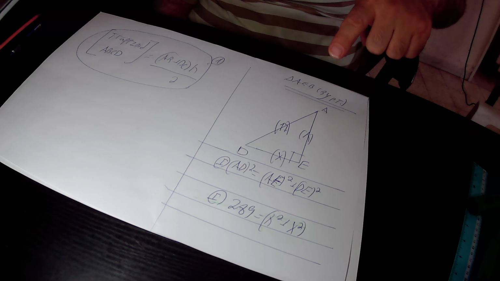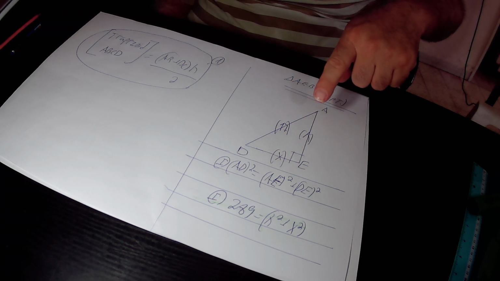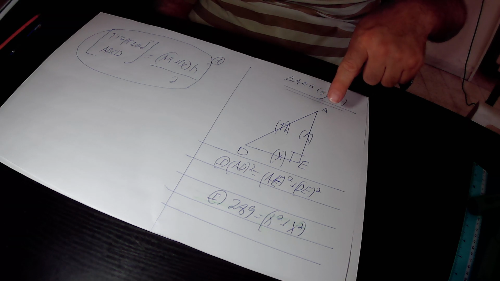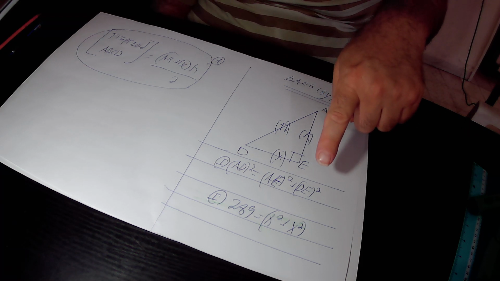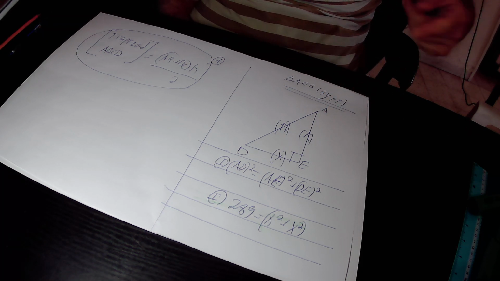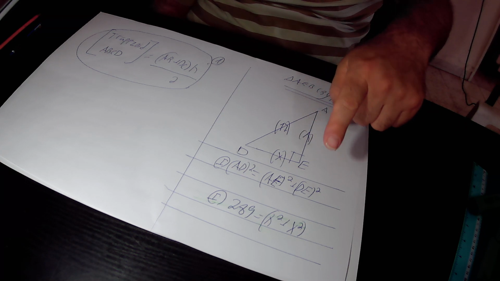AD is 17, therefore AD squared is 17 squared, that is 289, and it is equal to AE squared. AE is 8, therefore AE squared is 8 squared, plus DE squared. DE is X, therefore DE squared is X squared. So in total, according to equation 1, we found that 289 equals 8 squared plus X squared.